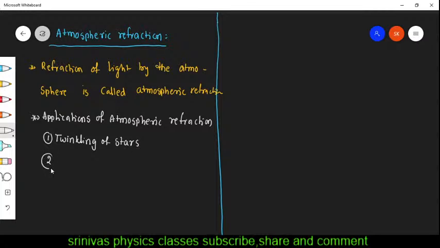The second application is advanced sunrise and delayed sunset.